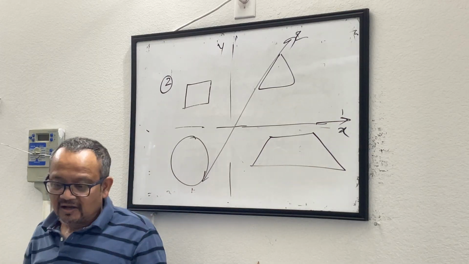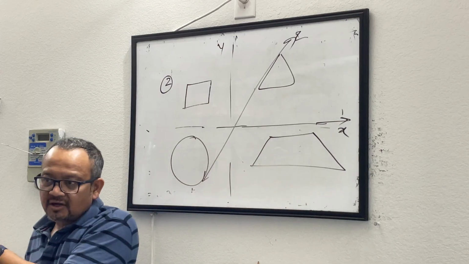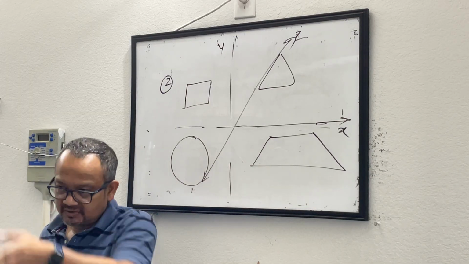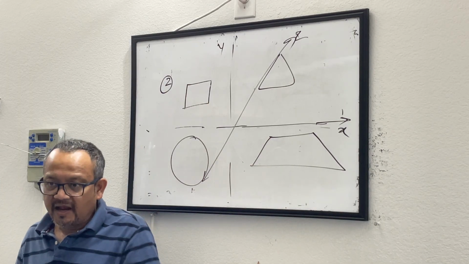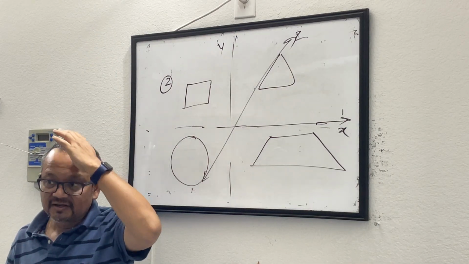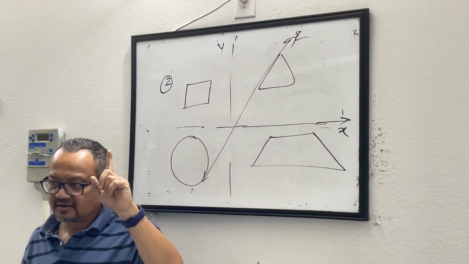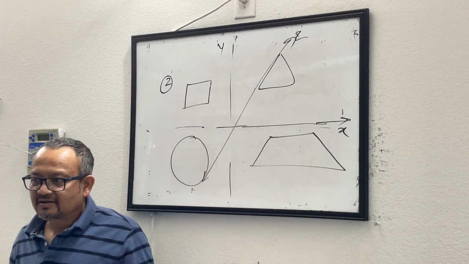When you have shapes which have measurement along the horizontal axis and vertical axis, x and y axis, and another dimension for height, that's why it's called a 3D object. Any object which has height to it is called a 3D object.